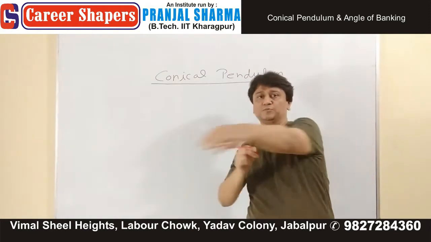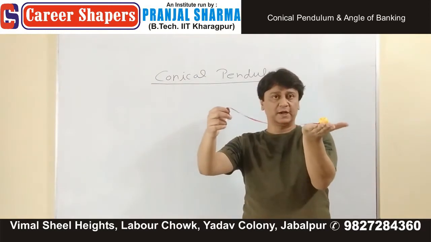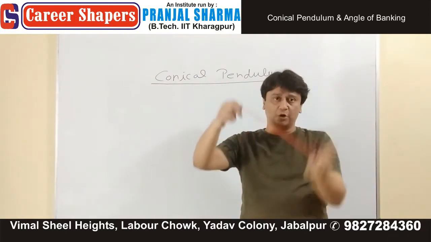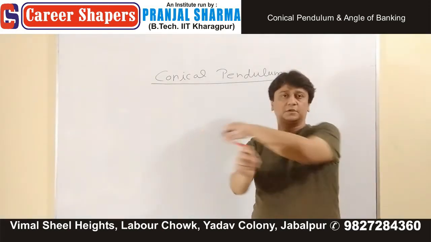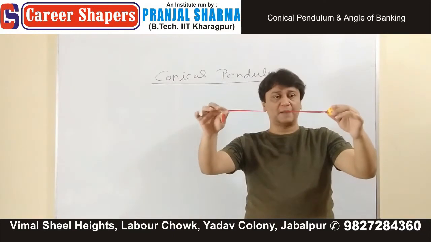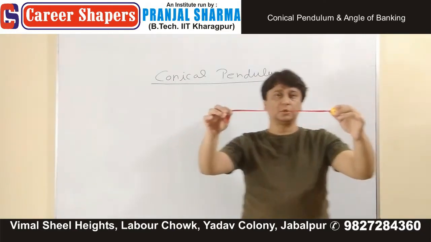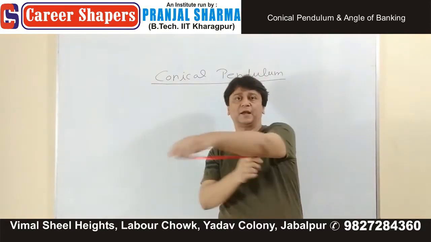An object was moving in the horizontal plane. Some support was present जिसकी वजह से ऑब्जेक्ट नीचे नहीं गिरता था. This is something we have already done. But to make this type of horizontal motion possible, you need to have some support on which this object can move.